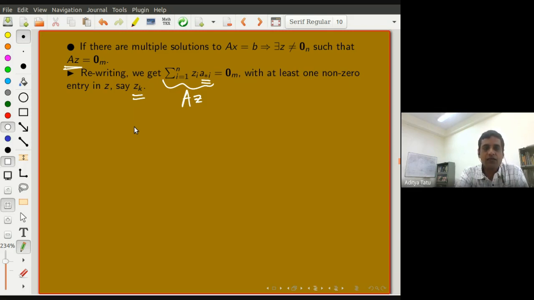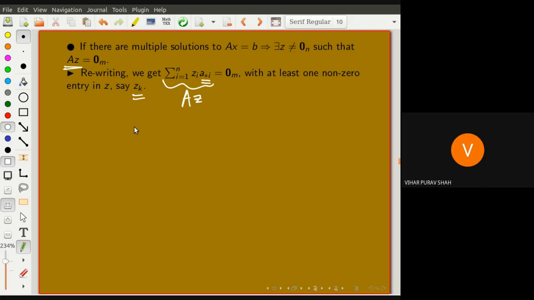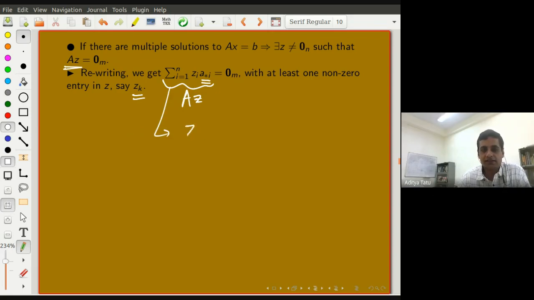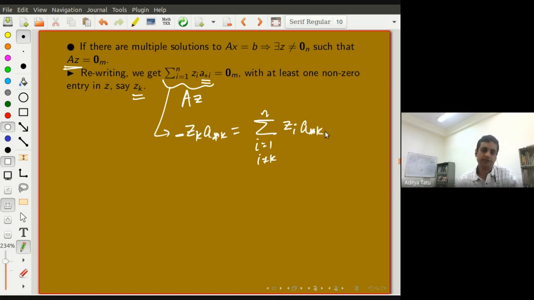So in that case, I can take zk A star k on the right hand side. I can rewrite this as zk A star k equals minus the summation i going from 1 to n, i not equal to k, zi A star i. Sorry, this should be A star i, not A star k.